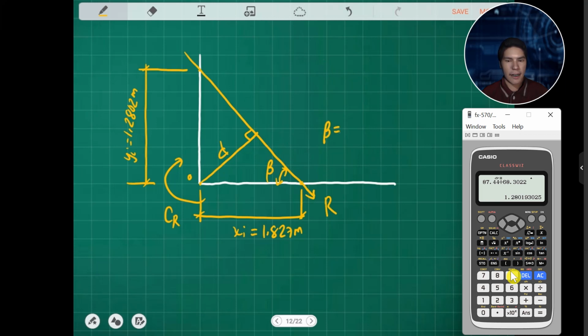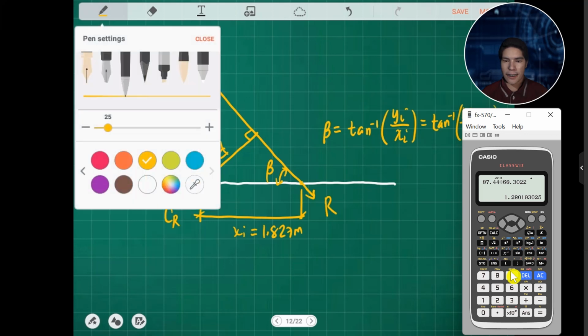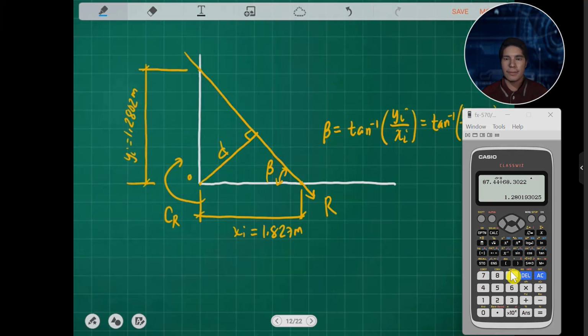So beta is just tangent inverse nung y-intercept over the x-intercept, no? So we have tangent inverse of 1.2802 all over 1.827. So we are considering this right triangle.